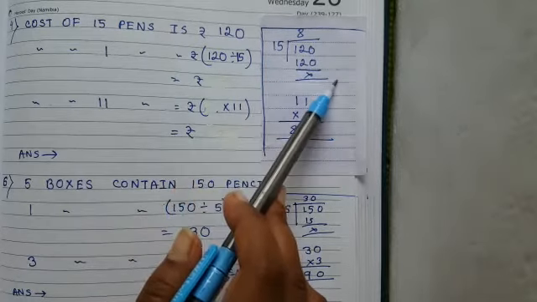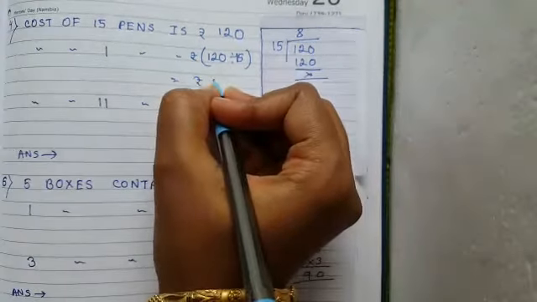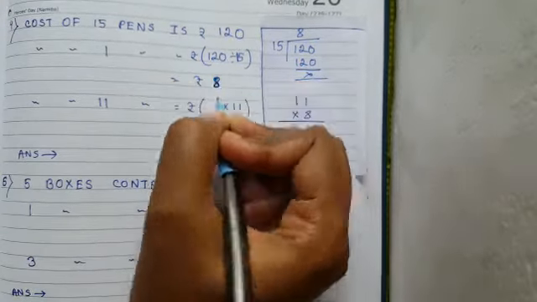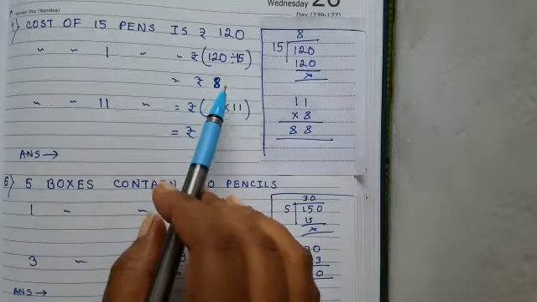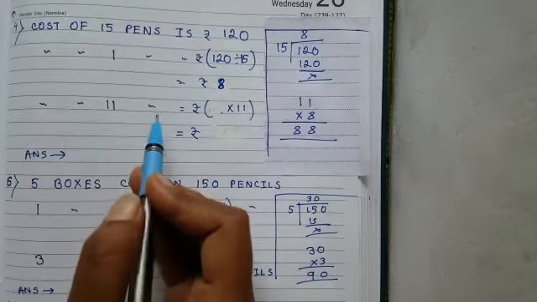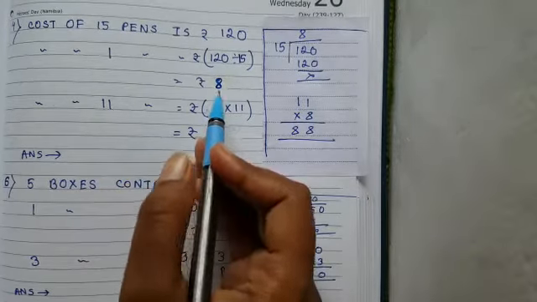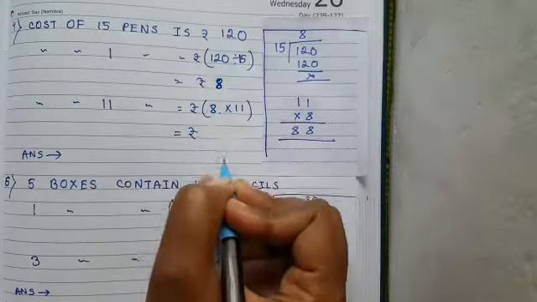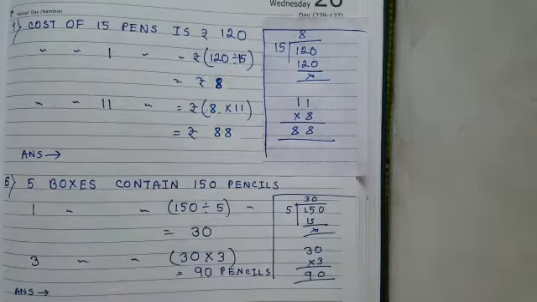So, here the price is rupees 8. For 1 pen the price is rupees 8. And then we are finding the cost of 11 pens. When we are finding the cost of 11 pens, it will be more than 8. So, write down 8 into 11, that is equal to 88.